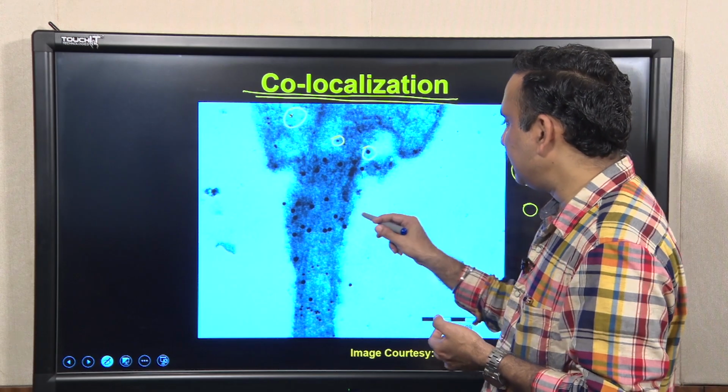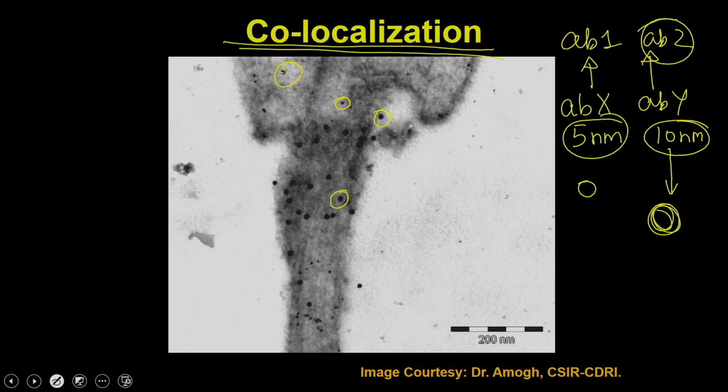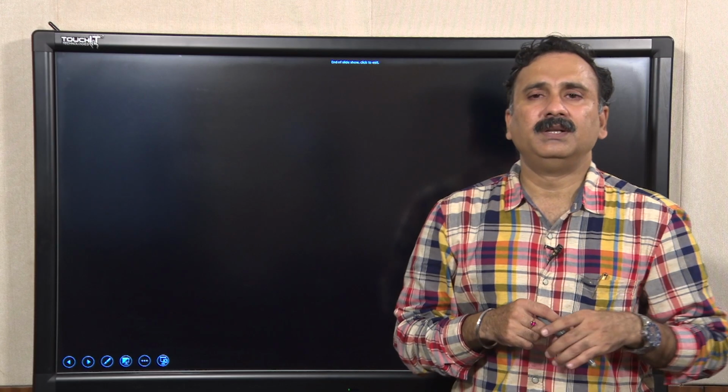Whereas in other places the 10 nanometer and the 5 nanometer signals are different. That is how you can very precisely say whether protein A and protein B are interacting with each other or not, and whether they are localizing to the same compartment or not.